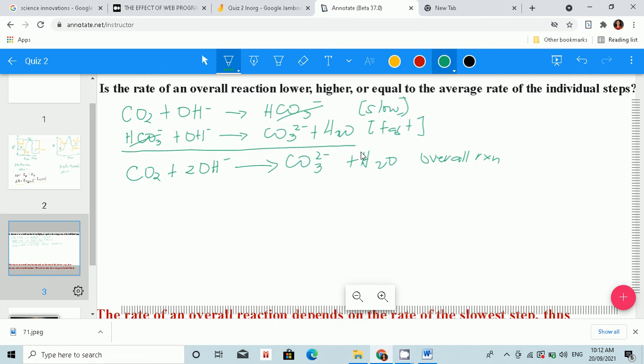So here we are asked if the overall reaction has a higher or lower rate than the average rate.